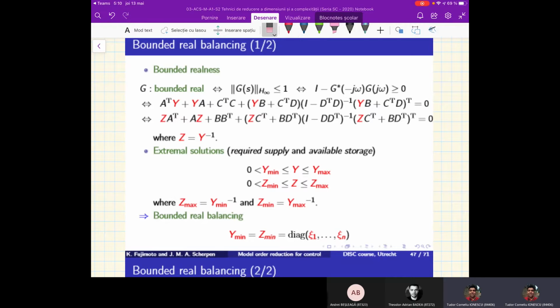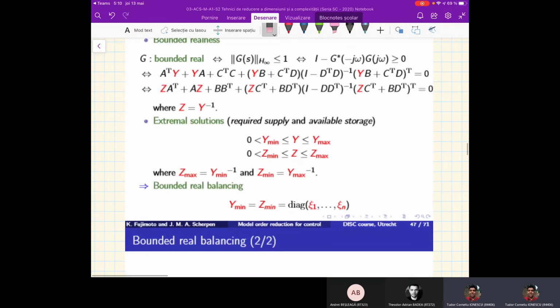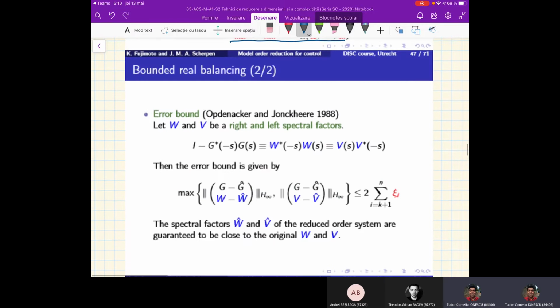There is a relation between them, okay? And bounded real balancing means that you bring the extremal solutions into this form, okay? You can also get an error bound for this. It's a strange error bound, but it is.